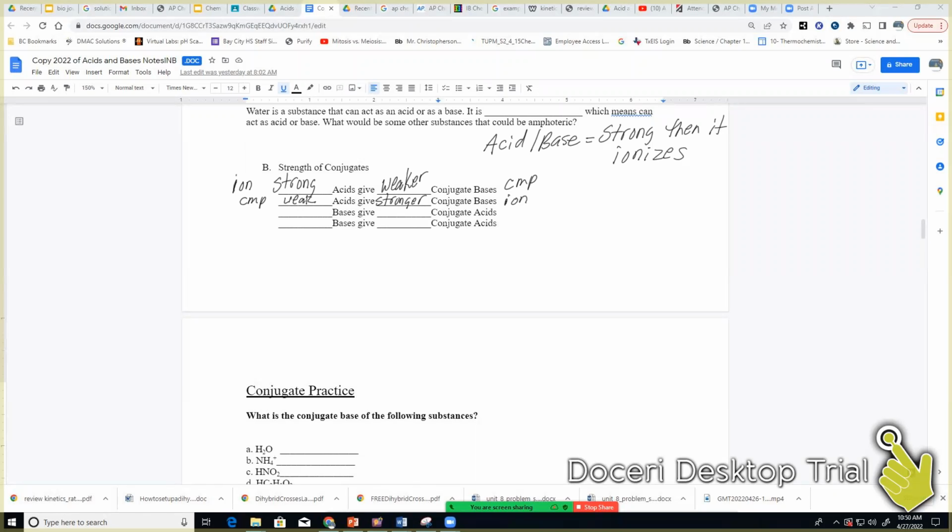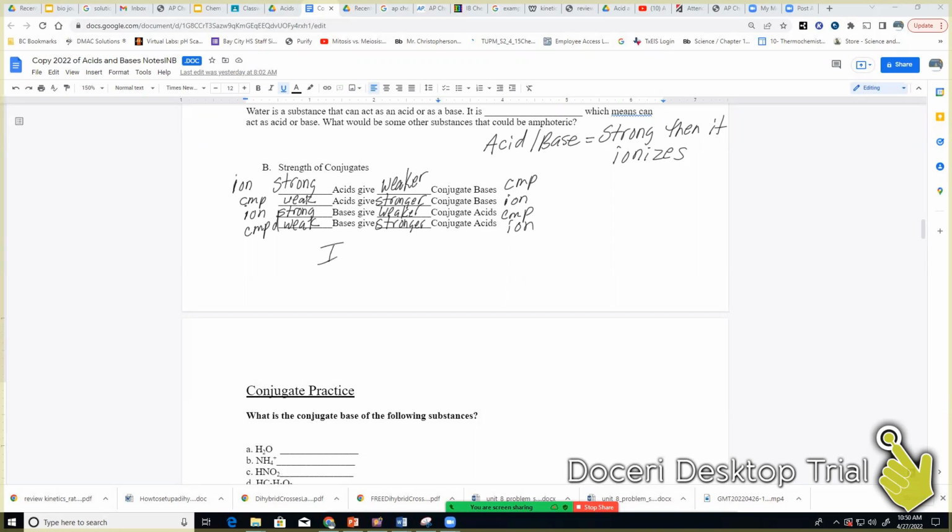And same thing with my bases. If I have a strong base, which means it's going to ionize, it's going to be a weaker conjugate acid. So that means that conjugate acid will stay as a compound. And then a weak base is going to give me a stronger conjugate acid. Once again, not necessarily into our list of strongs. So it's going to accept as an ion, and on this side, we would see a compound.